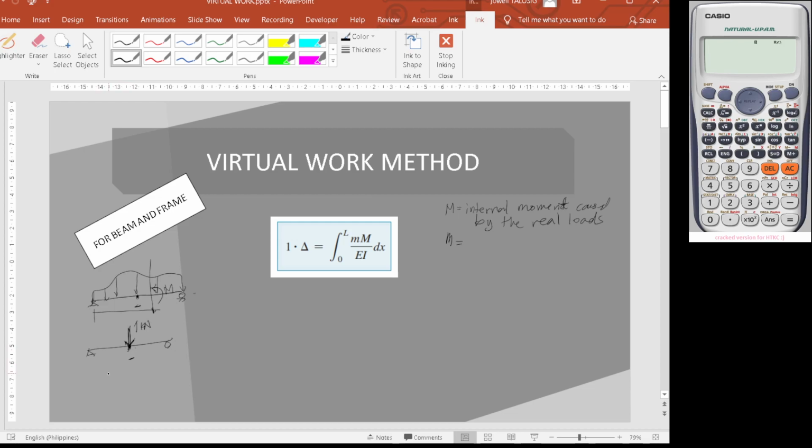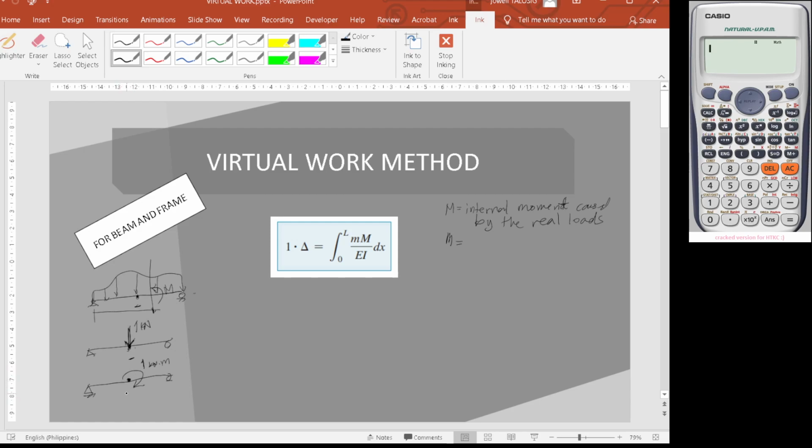If you're going to solve for rotation or slope, you need to apply 1 unit moment. Let me clear that for you. If you're going to solve for deflection, you load a virtual 1 unit load, 1 kilonewton, or 1 pound in English.